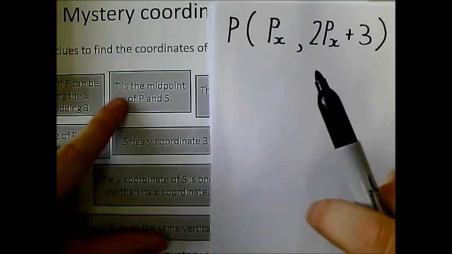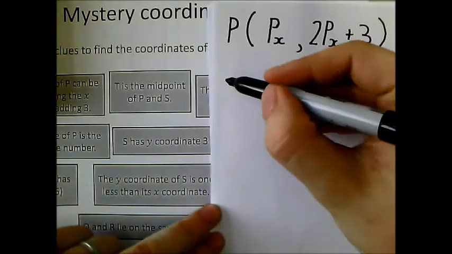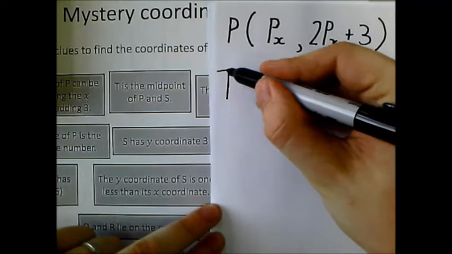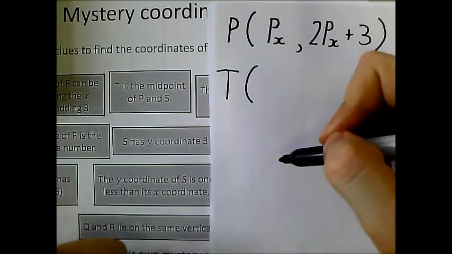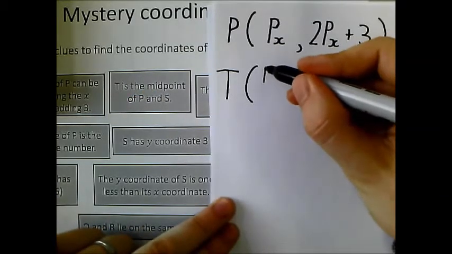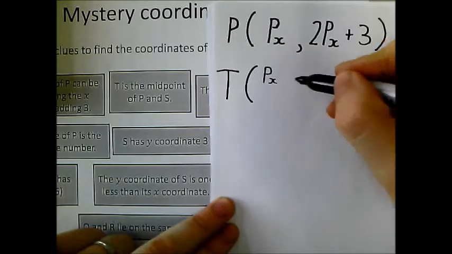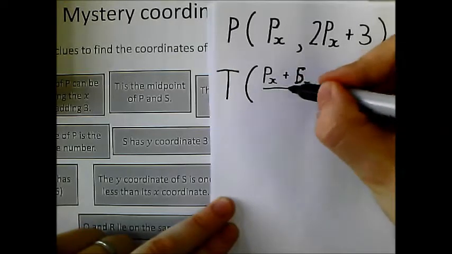Now, I know that T is the midpoint of P and S. So I know to find a midpoint, I need to add my x coordinate for P and my x coordinate for S and divide by 2.